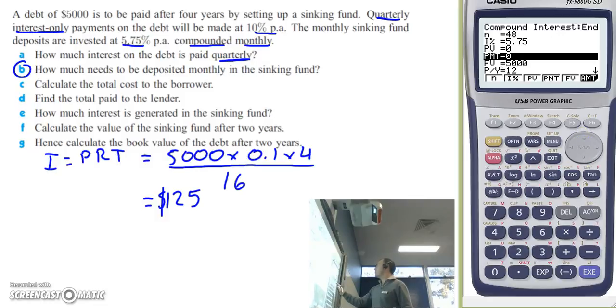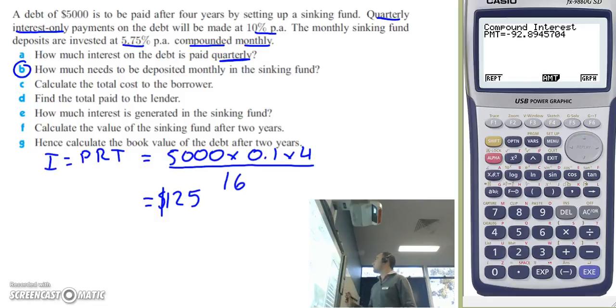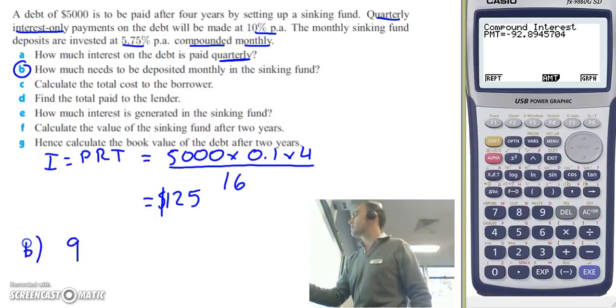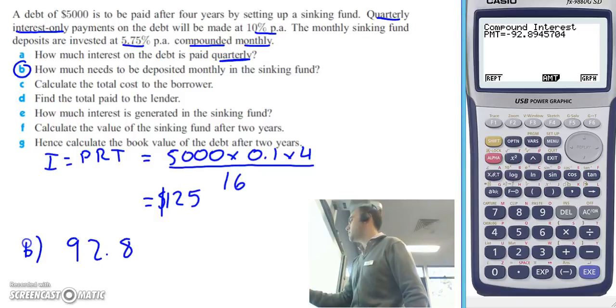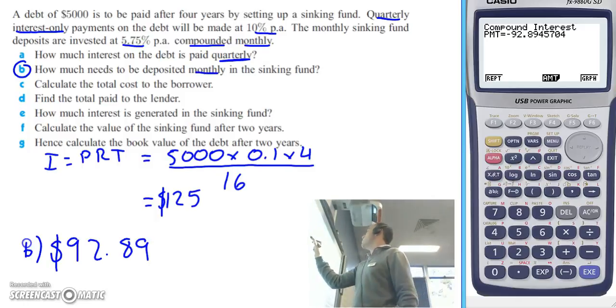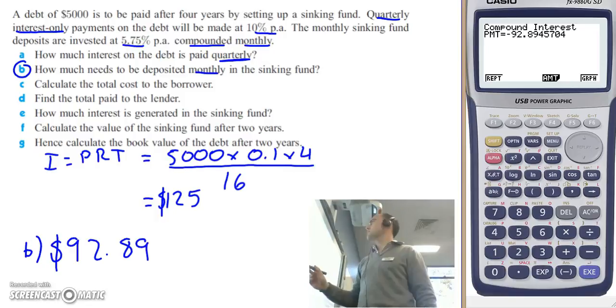What will my monthly repayments be? So my PMT is going to be $92, and let's call it 89 cents. So that's how much needs to be deposited each month into the sinking fund.